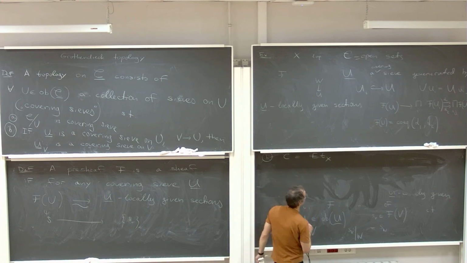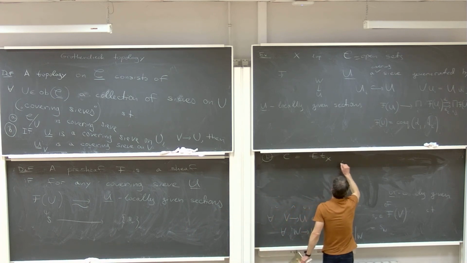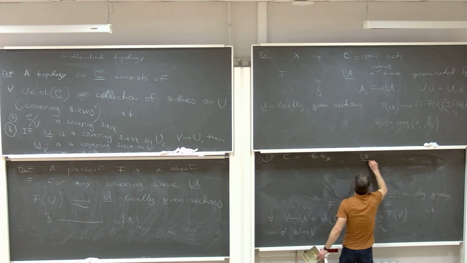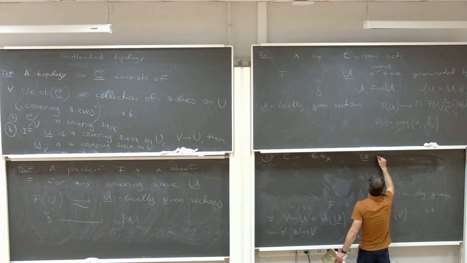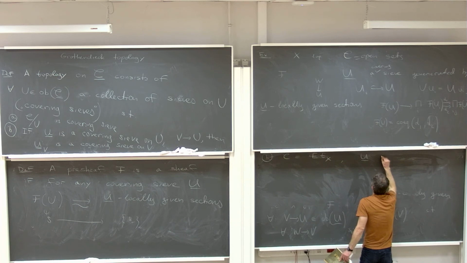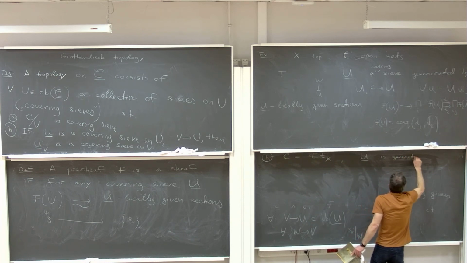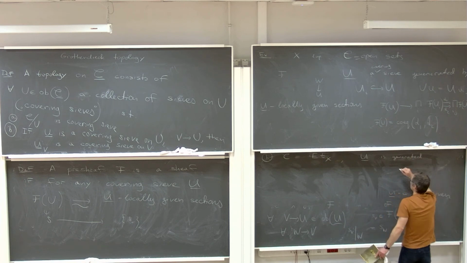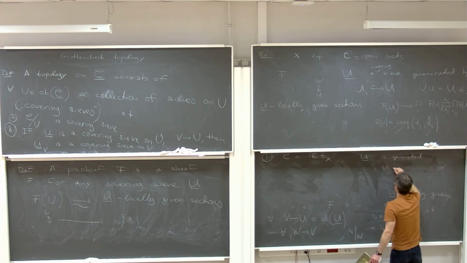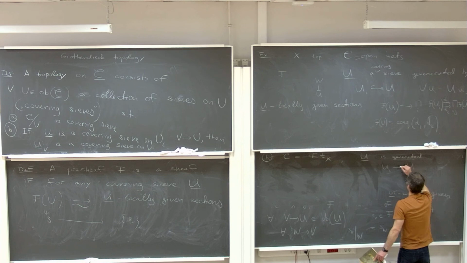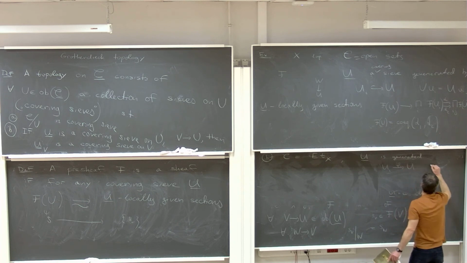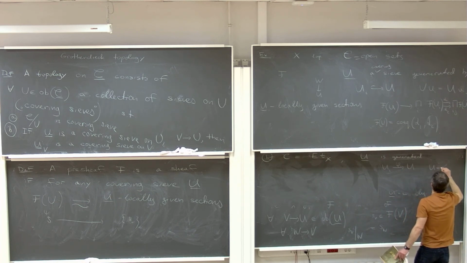You can formulate it in a similar way. Suppose U is covered; every covering sieve is generated by a collection of étale morphisms phi_i from U_i, such that U is the union of the images of phi.